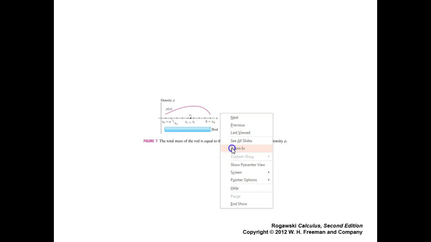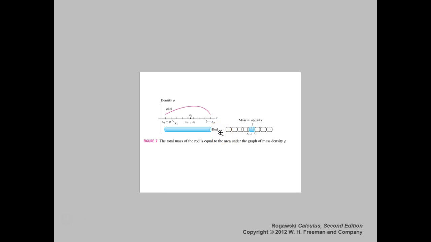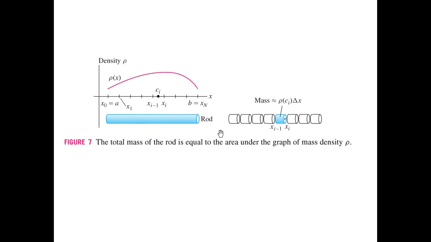I just gave you the quick and dirty of what they're doing a little more slowly. So here you have a rod. The rod has length. It's going from x0 to x sub n.